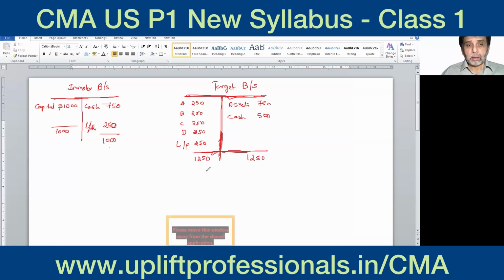Okay. Now let us assume the takeover takes place. They take over by cash. Let us say they buy the shares of these three. So that becomes a 75% holding. Right or wrong?